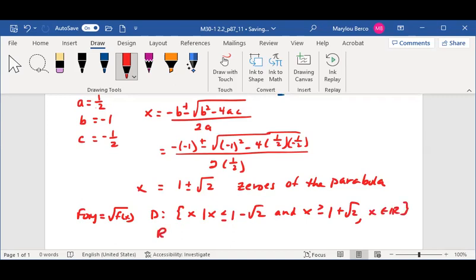The range is y such that y is greater than or equal to 0. y is an element of all real numbers.